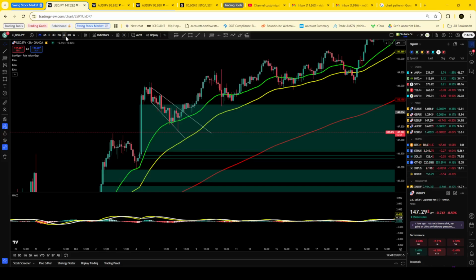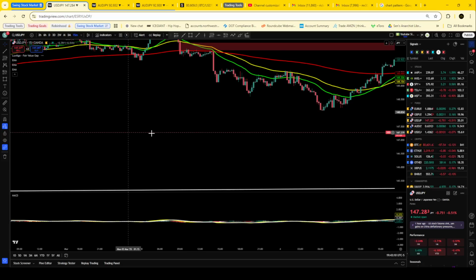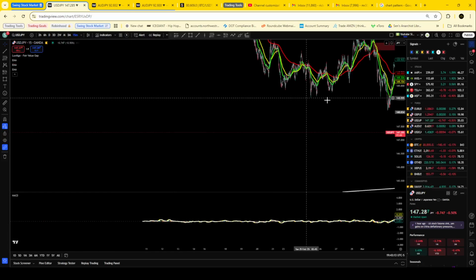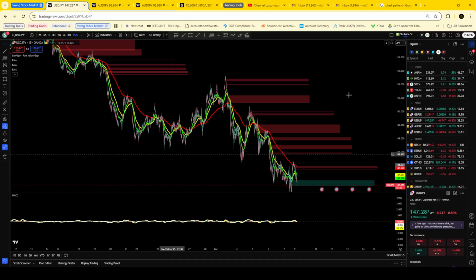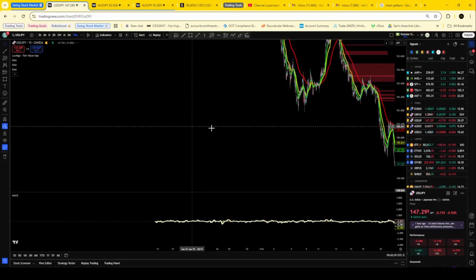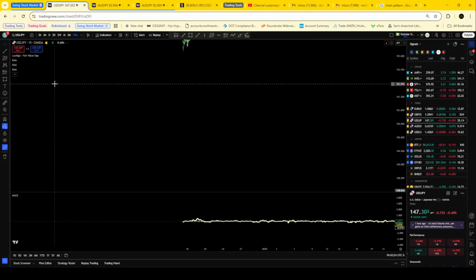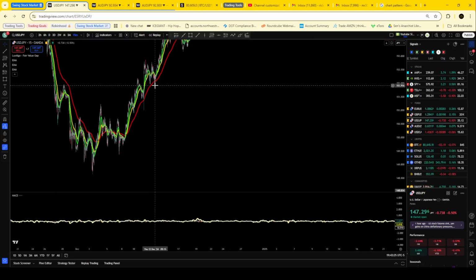Now, if I go down a little lower, let's see a 15-minute chart. Like I said, I do not suggest we use these small ones. Question is, can I even see it on the 15-minute chart?